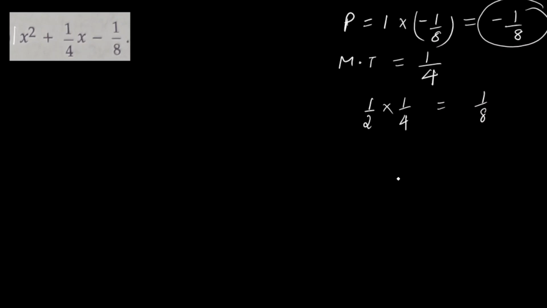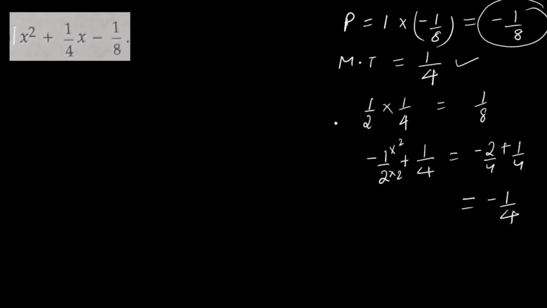Now, suppose this is minus 1 by 2 and the other one is positive. For addition of two fractions, we have to find the LCM. So I will get minus 2 by 4 plus 1 by 4, which is minus 1 by 4. That means their addition is negative, but the middle term is positive, so this is not acceptable.